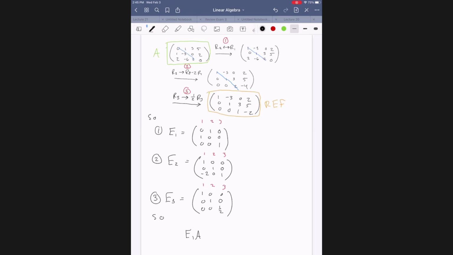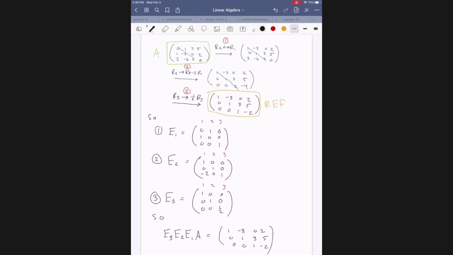When you do multiplication of matrices, you always want to do I guess from the inner and then outers, right? So you did E1 first, and then after you did that, you did E2, and then after that you did E3. So this matrix is exactly that orange matrix that we got: 1, -3, 0, 2, 0, 1, 3, 5, 0, 0, 1, -2.